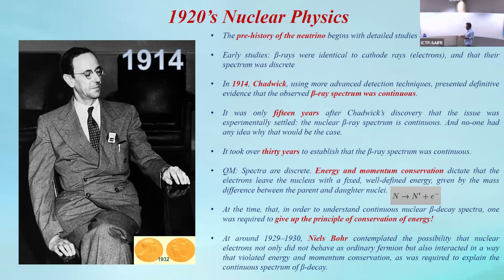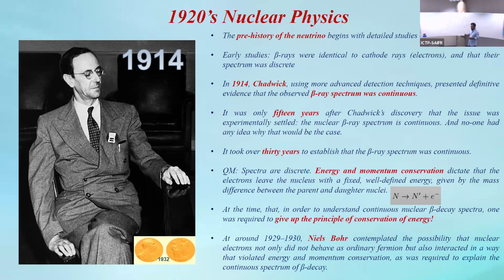When this discrete spectrum was found, it was so dramatic that during those days people were trying to give up the principle of conservation of energy. In 1929 and 1930, Niels Bohr contemplated the possibility that nuclear electrons not only did not behave as ordinary fermions, but also interacted in a way that violated energy and momentum conservation.